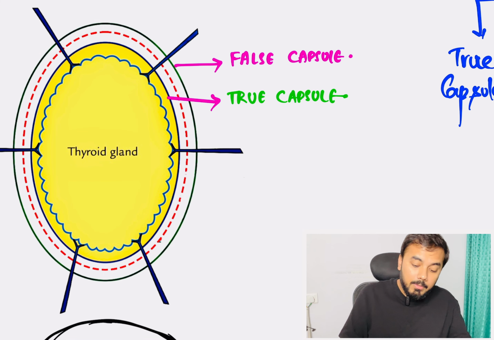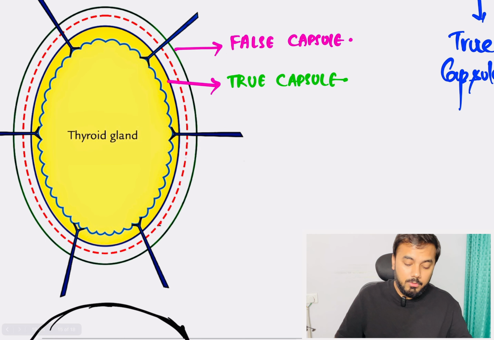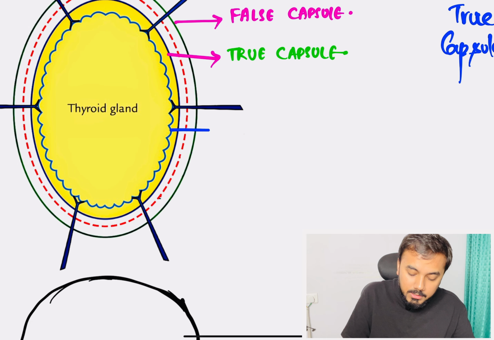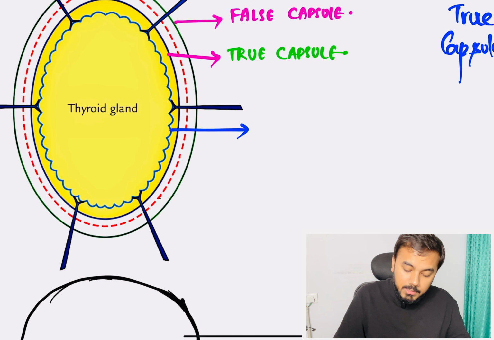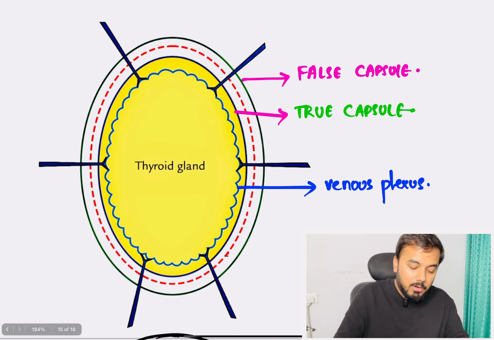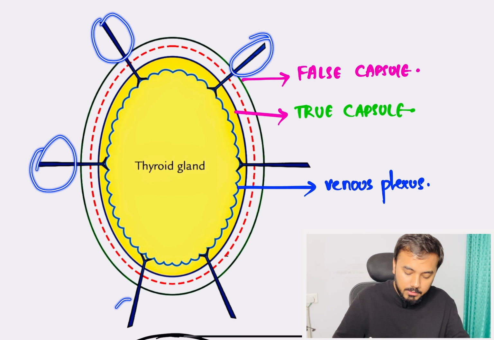But just beneath the true capsule, we have got another important thing. You know what this is? This is called your venous plexus. So all the veins, what are all these? These are not the anatomical instruments, guys. These are your thyroid veins.